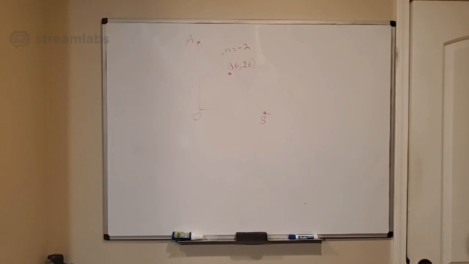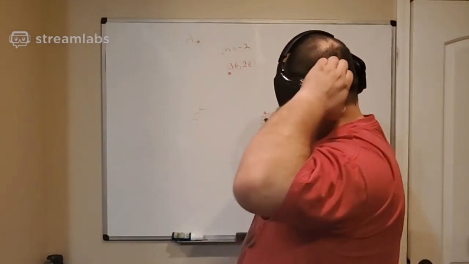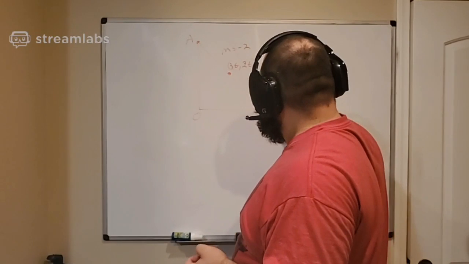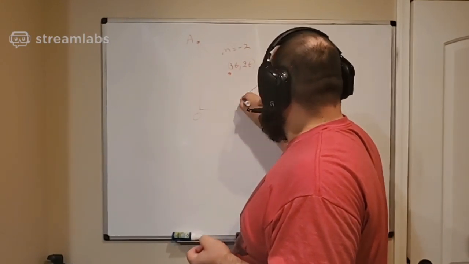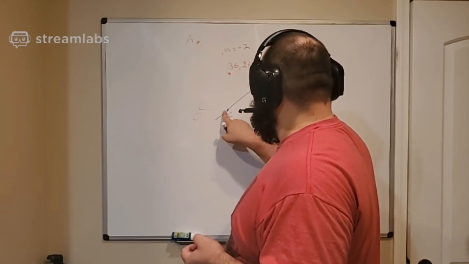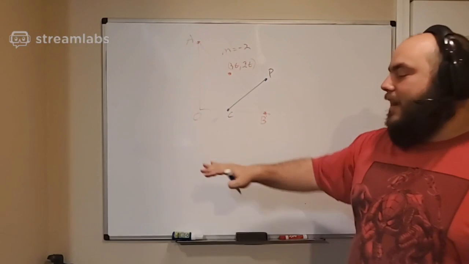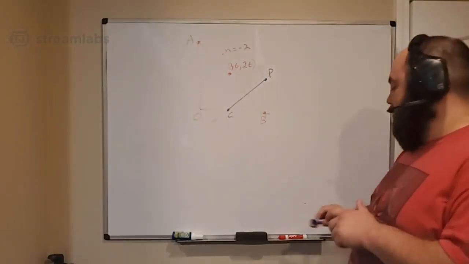So when I go to do my line, let's see if my blue marker will work for any amount of time. It doesn't matter where the point is, so I'm just going to draw point P there, and it's going to do that. And I know that's C, so I can stop there. I don't care if it's an accurate representation or not. This is just for my visual understanding. P goes through C, it's perpendicular to this one.